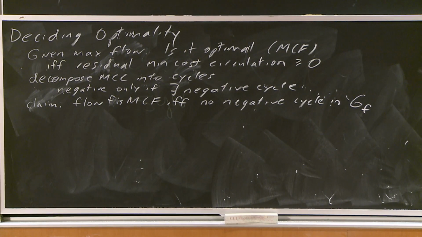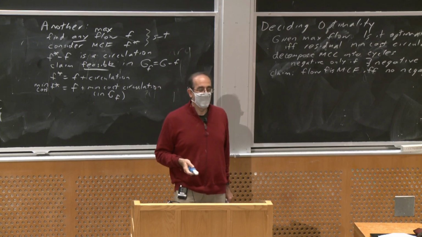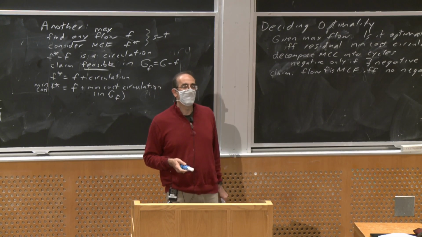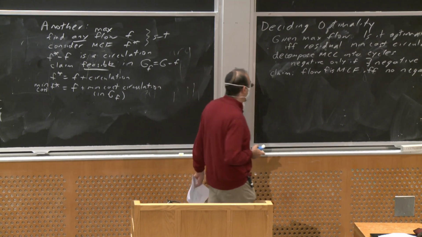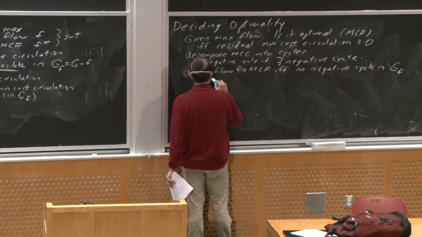And so let's double check that in both directions. So suppose that I have a flow, and there is a negative cycle in the residual graph. How do I know that that flow is not optimal? Yeah, use that negative cycle that I found to make my flow cheaper. Exactly.